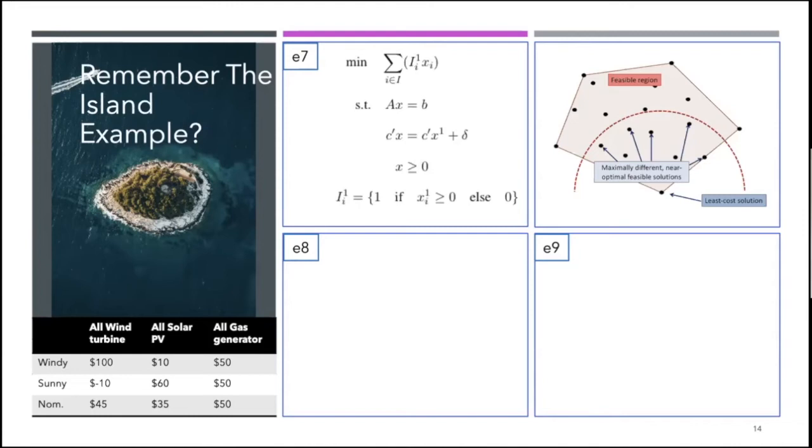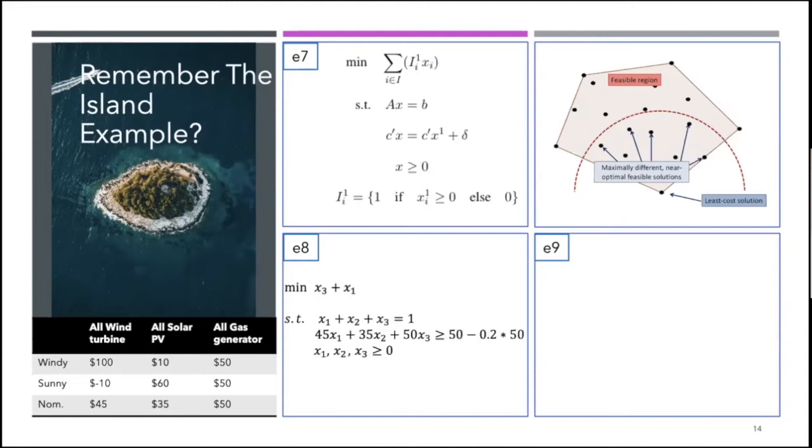X3 has occurred before and X1 has occurred before. Anybody wants to guess? Is it minimizing x1 plus x3?